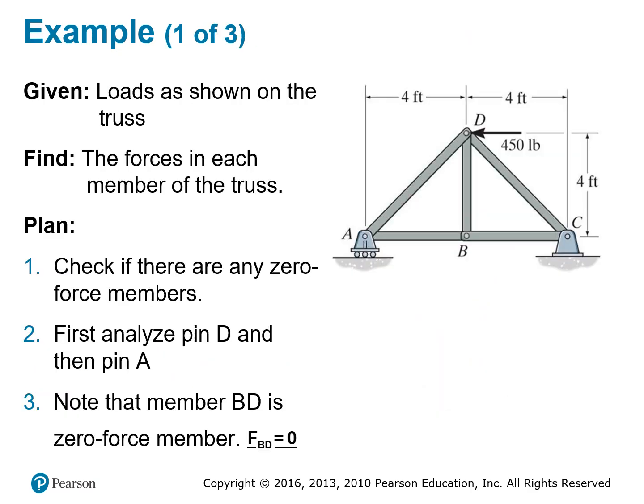Let's use a complete example to explain how you use this idea with the method of joints. The picture shows a simple truss with 2 triangles, and the joints are A, B, C, and D. First, let's look at whether we have a zero force member.